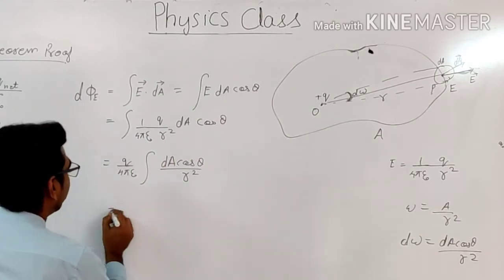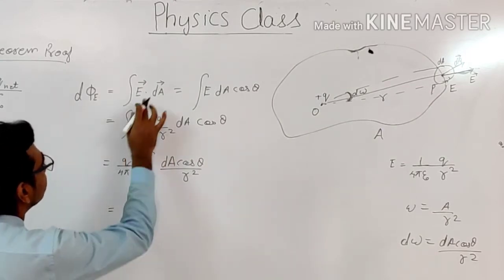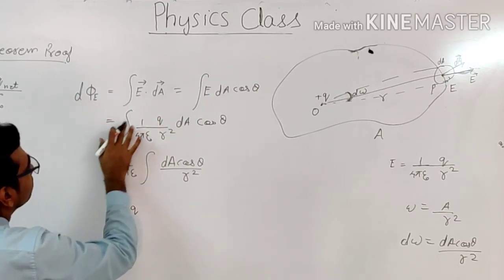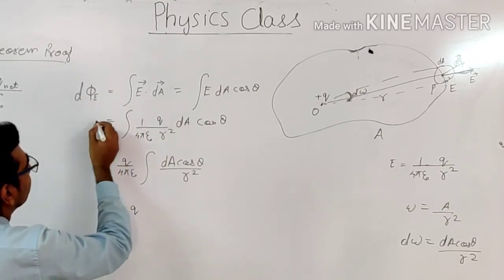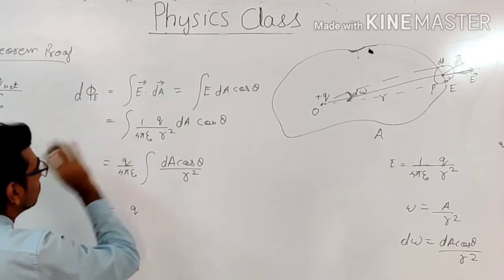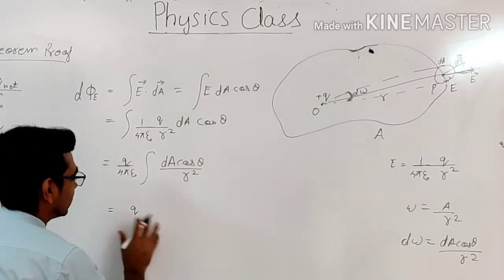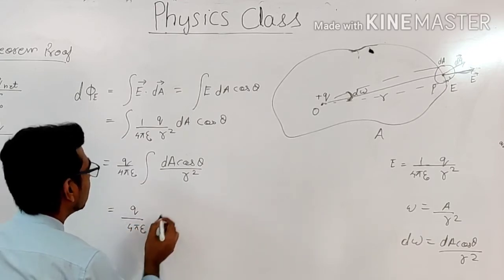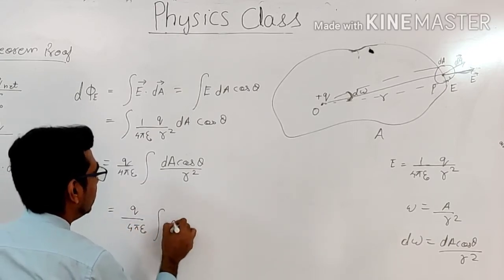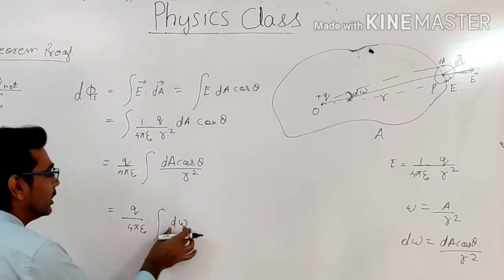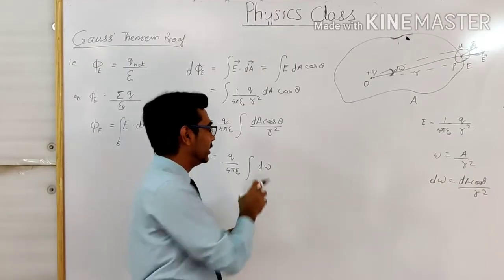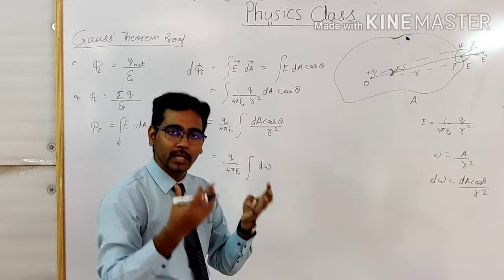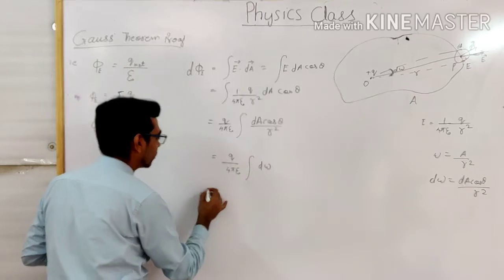So what will we get? We will get Q upon 4 pi epsilon naught times d omega, and since we have applied the integration sign, this is no longer a small quantity. For the time being, forget about the LHS. If you integrate d omega, it is a solid angle, and the total solid angle of any closed surface is equal to 4 pi.